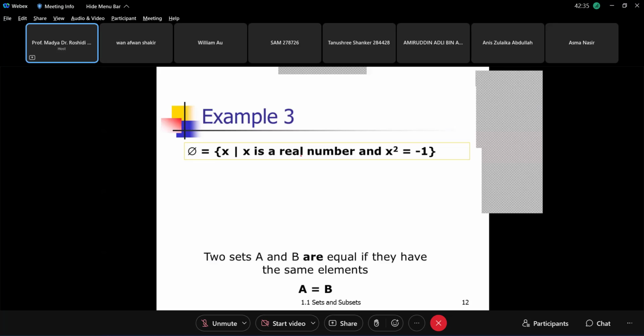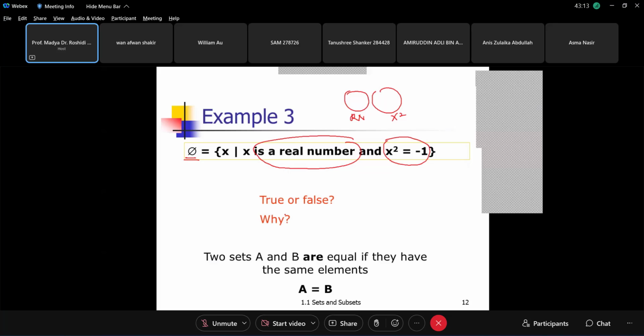Equal to x, where x is a real number, and x squared equals -1. So this set and this set actually cannot overlap like this one. So that's why the answer is empty set.